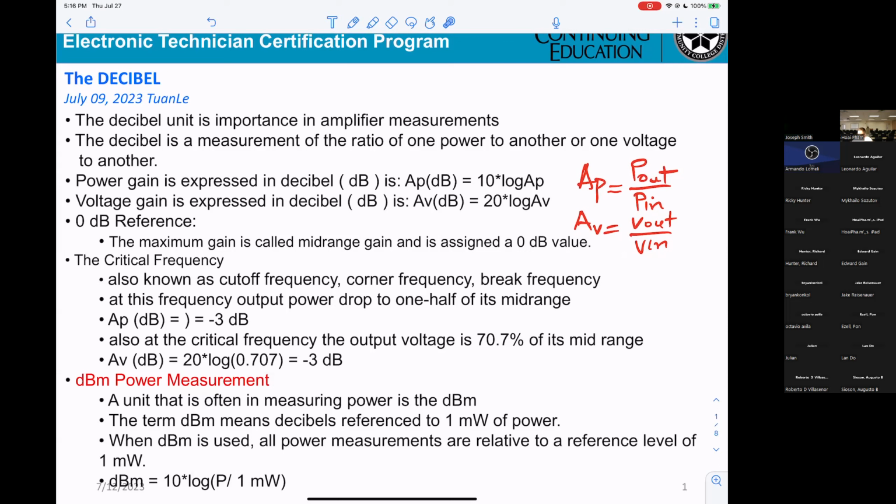You will see it when you're working on RF, radio frequency, where the equipment used to measure gives values in dBm. The term dBm means decibel referenced to 1 milliwatt of power.